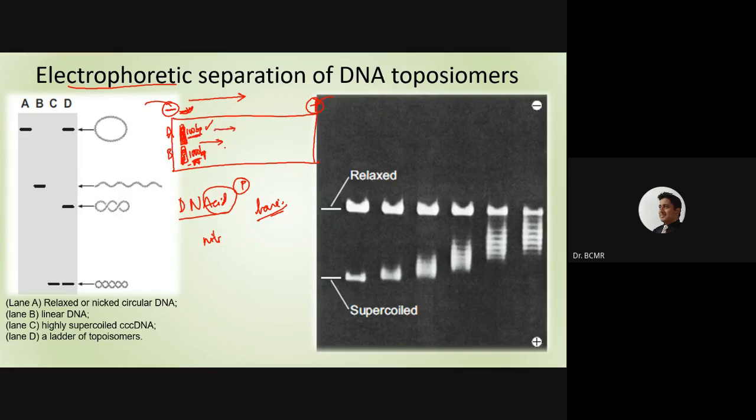The rate of mobility will be faster compared to that of the larger one. So size of DNA is one thing. The smaller ones usually travel faster. The larger ones will travel slower. The second way of thinking also is there.